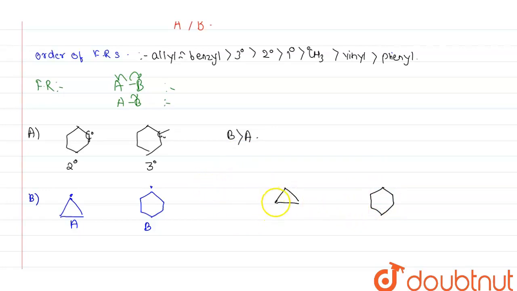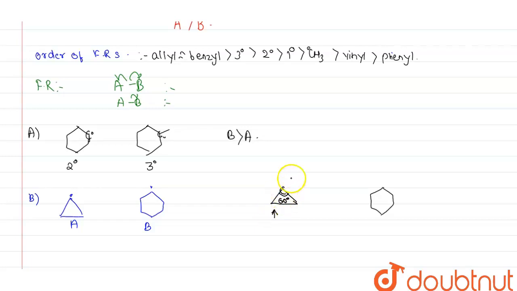So in the case of this cyclopropane, this angle is 60 degrees and this carbon is tetrahedral. So the angle strain is very high here, which is approximately 109 minus 60 degrees.